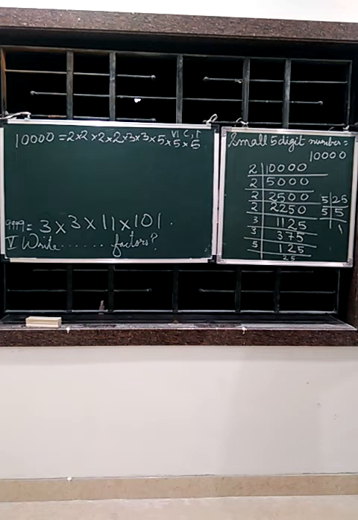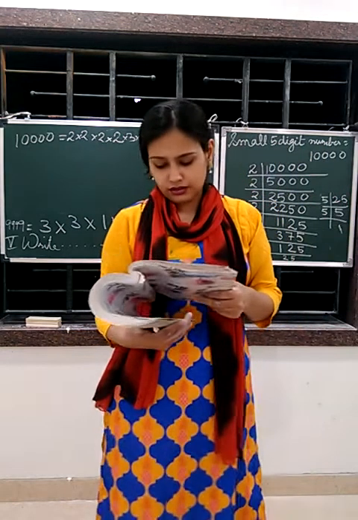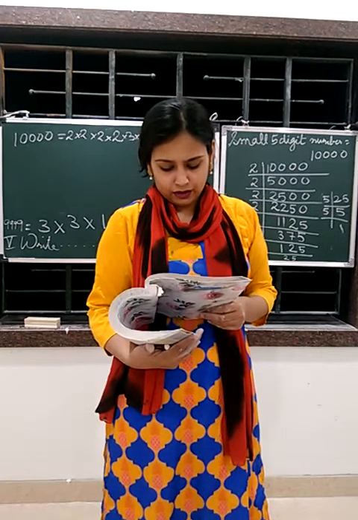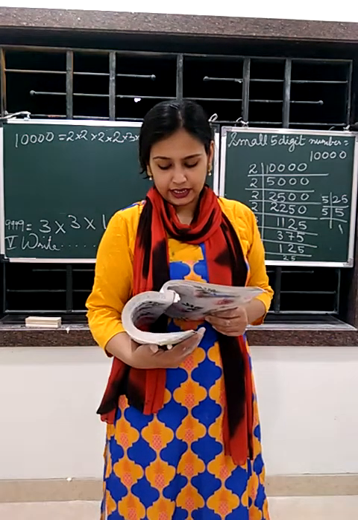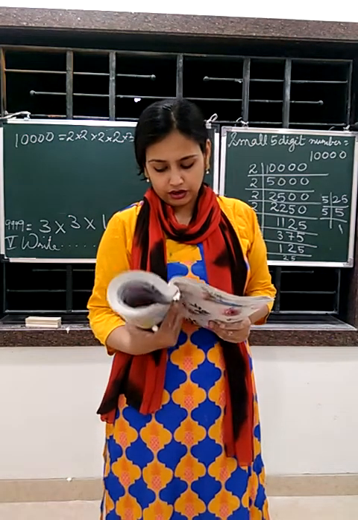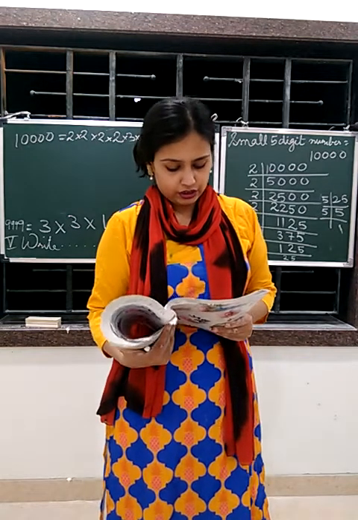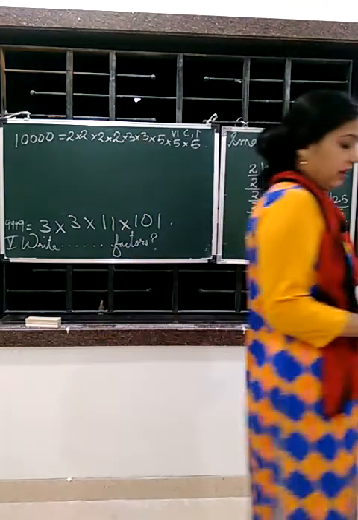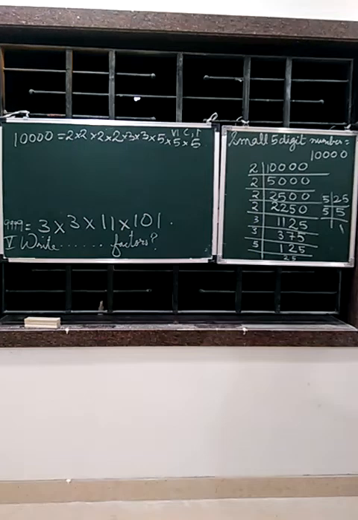Now question number 6. Find all the prime factors of 1729 and arrange them in ascending order. Now state the relation, if any, between two consecutive prime numbers.